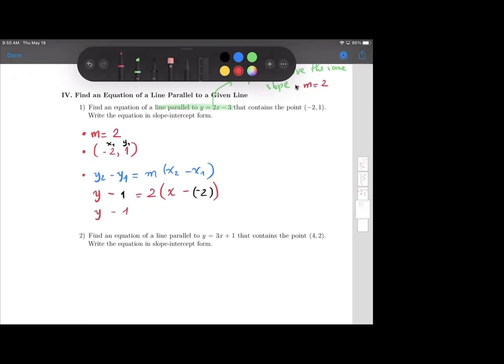So y minus 1 equal 2 times quantity x plus 2. Now you can distribute the 2. I have y minus 1 equal 2x plus 4. Add 1. So y equals 2x plus 5.